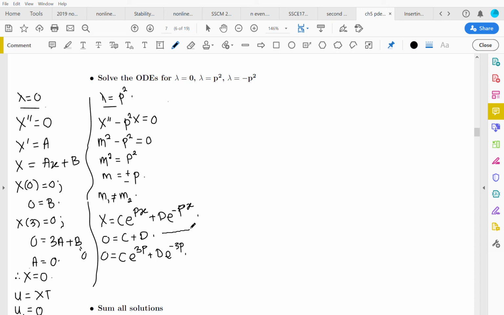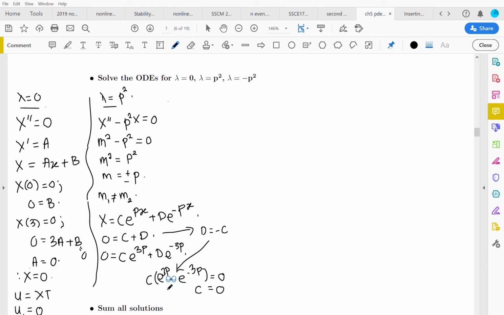So from here, we are able to write d as minus c. If I replace into this, I will get c exponent 3p minus exponent negative 3p is equal to 0. Sorry, here should be minus. So we are able to get the value for c here. In this case c equal to 0 because these two exponents will never be 0.